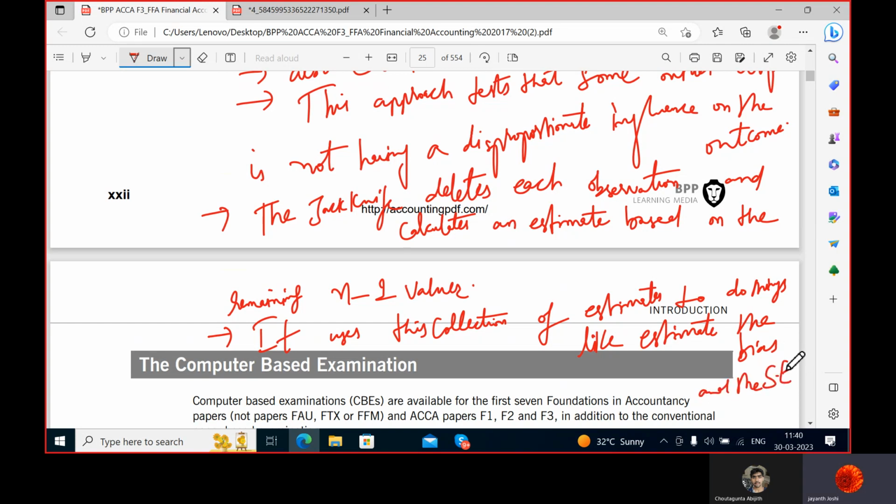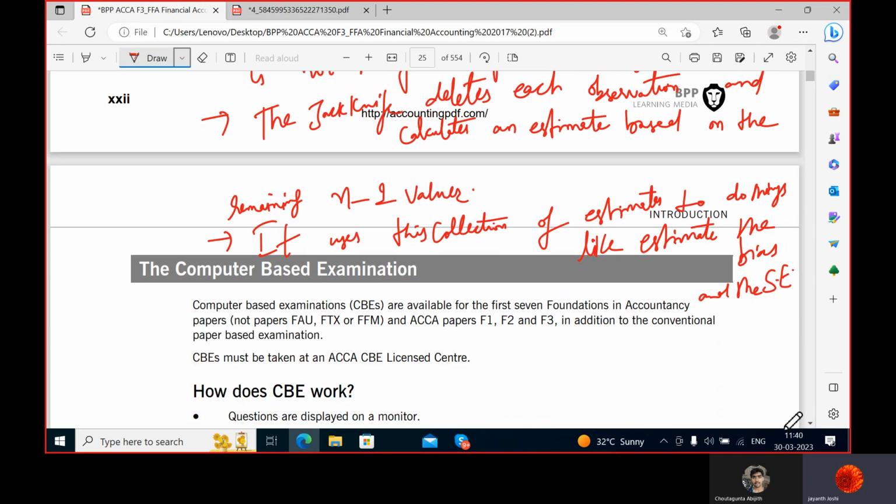So here we delete and we remove the things which can create the bias. And then the samples we have will not have any bias, and then we can find our estimates. So this is in fact done for correcting the bias, correction of bias.